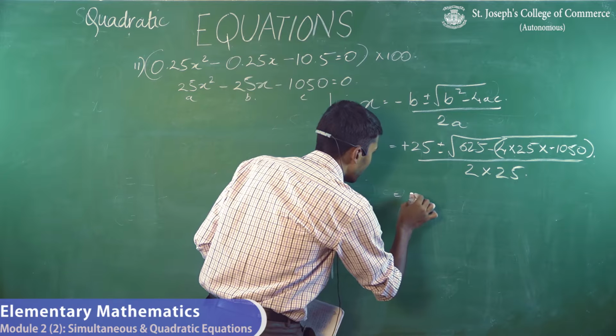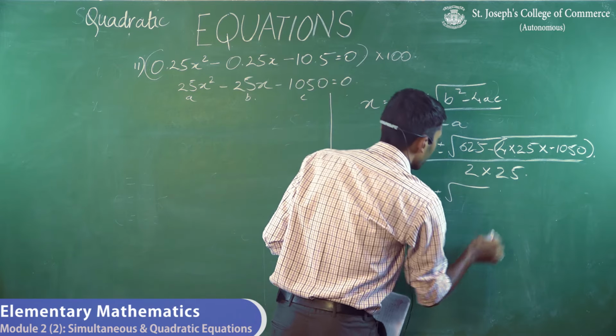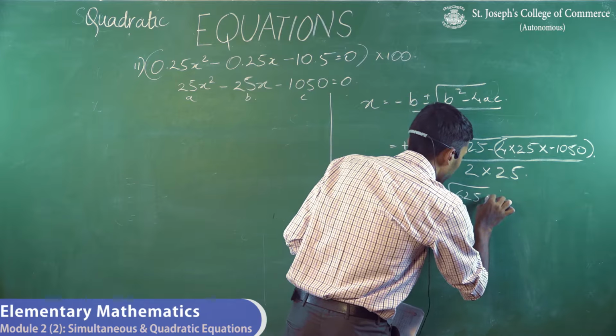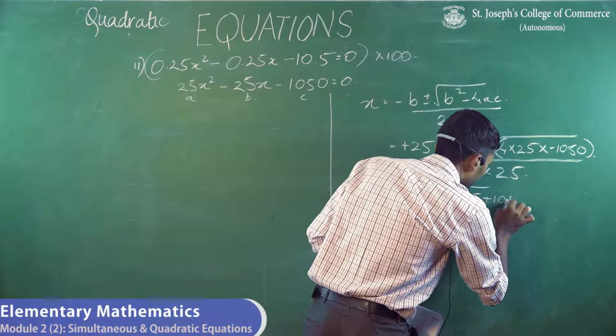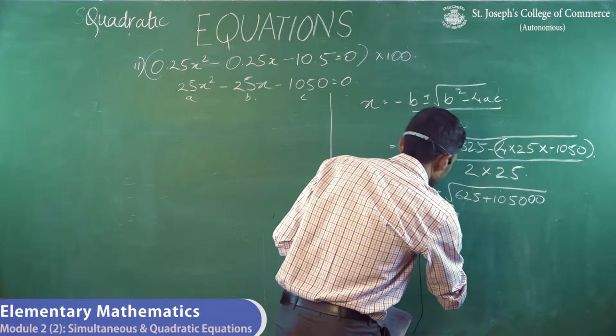Which will be equal to 25 plus or minus square root of 625 plus 1,05,000 divided by 50.